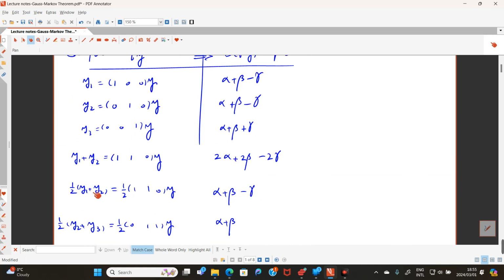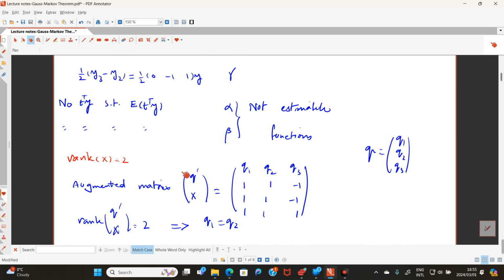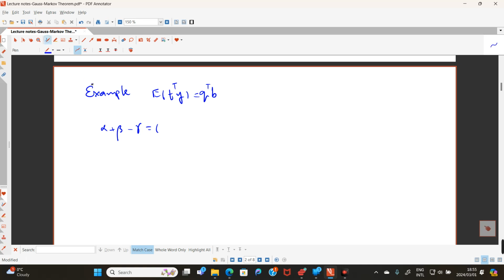This has this linear function of observations, this linear function of observations, and this linear function of observations. So we have three different linear functions of observations y, which we can use to estimate alpha plus beta minus gamma. So alpha plus beta minus gamma, you can write it simply as 1, 1, minus 1 times b.